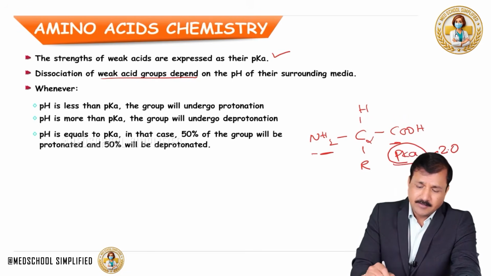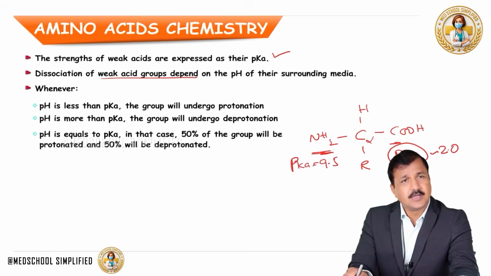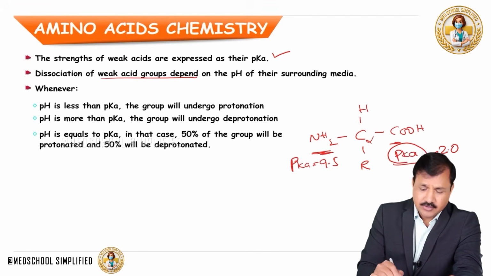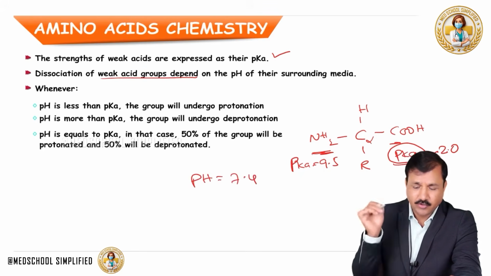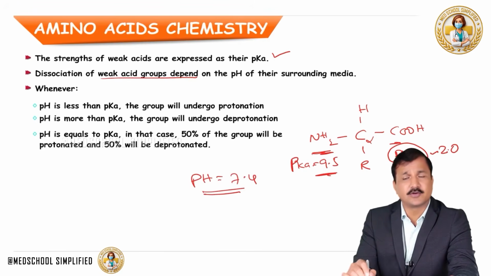Whereas the primary amino group pKa is 9.5. Now, when we take the physiological pH, that is 7.4.